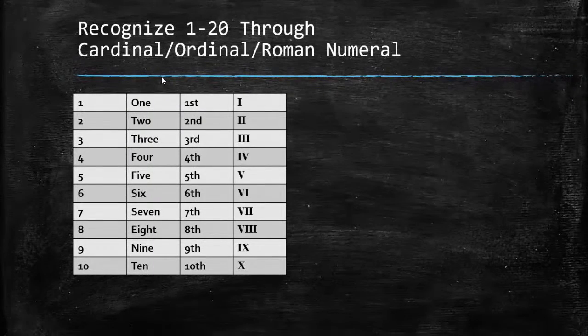So, for example, if you are teaching your children how to count and recognize 1, 1 is written out as ONE. It is the first number of the ordinal set, and the Roman numeral value of it is the capital letter I.